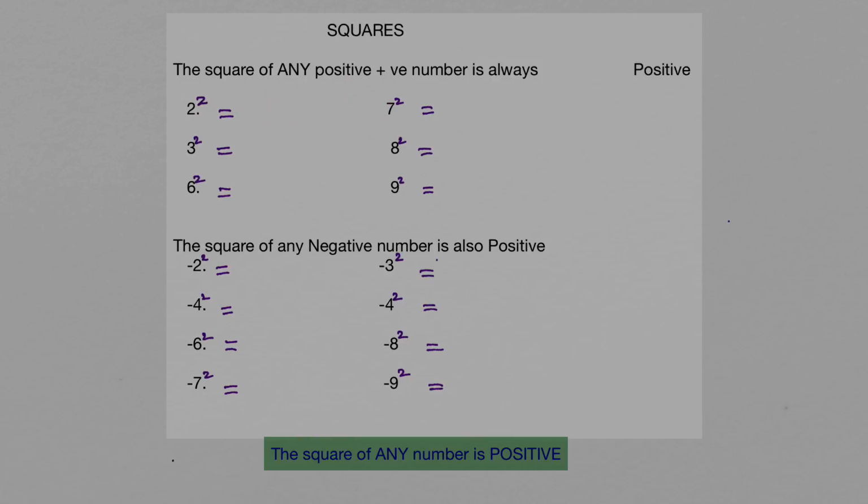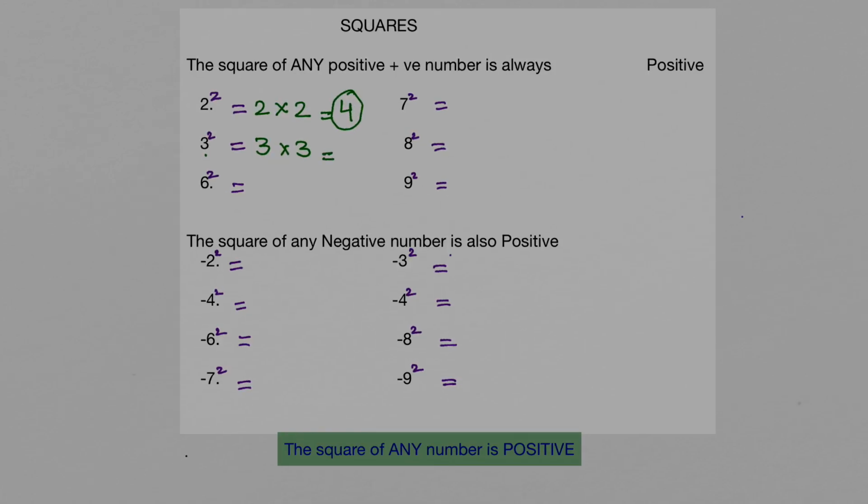Let's do these ones. 2 square means we need to multiply twice by itself. So 2 times 2 equals 4. So 4 is the answer of 2 square. So for 3 square, you need to multiply 3 by itself twice. 3 times 3 equals 6.